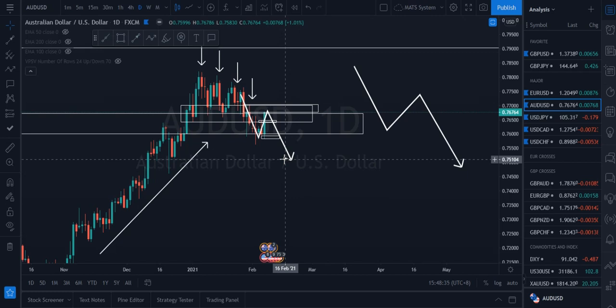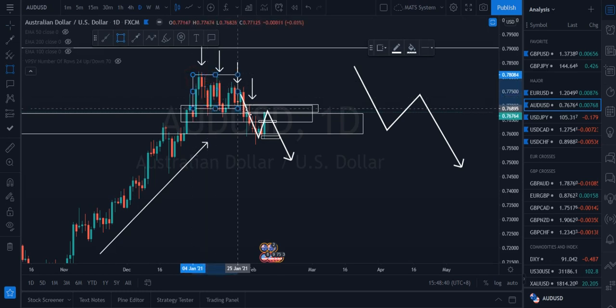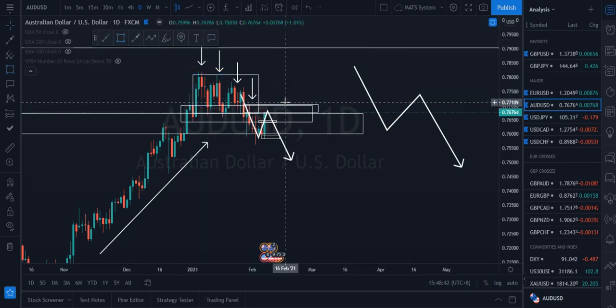Price did consolidate over this area here. If we were to mark it slightly, price did consolidate over this area and created a nice formation of lower high, lower high, lower high, and lower high. Price broke out, price retested. So once price retested, and guess what?